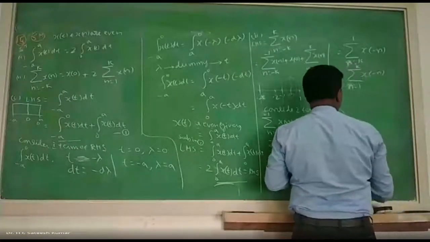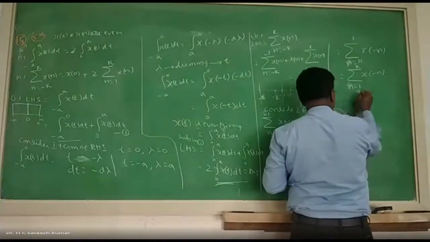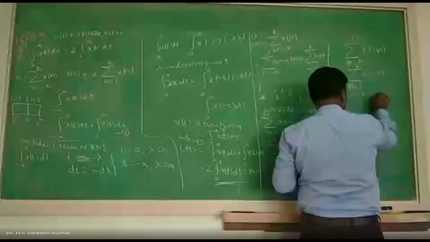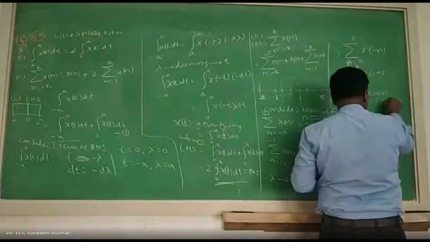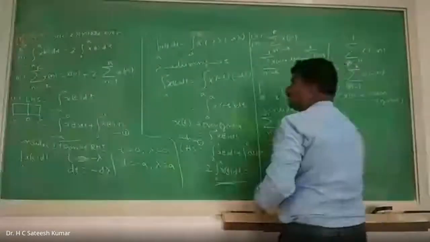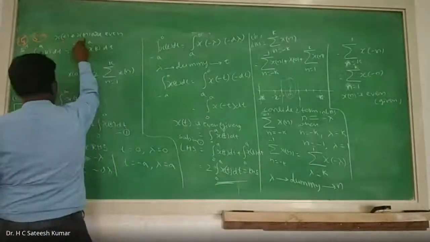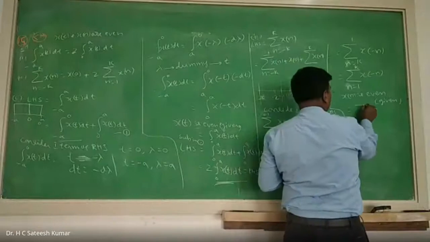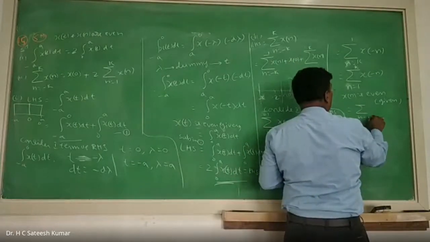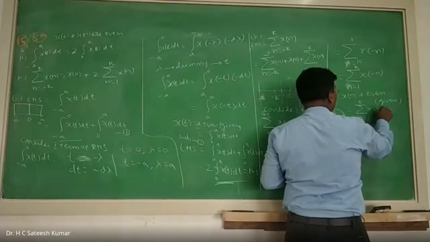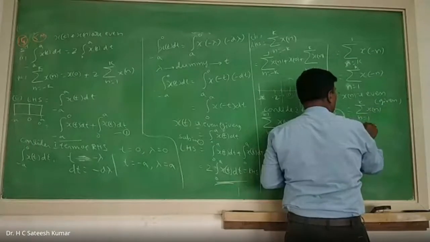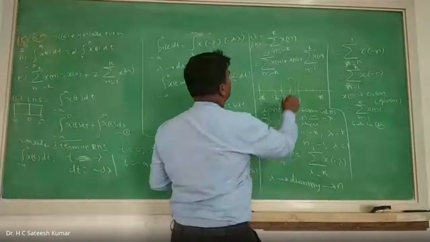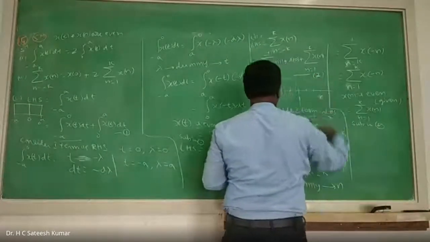Now, x of n is even. It is given in the problem itself, that x of t and x of n are even. Hence, this can be written as summation n varies from 1 to k x of n. Now substitute in equation 2, the split up given, which you call equation number 2.